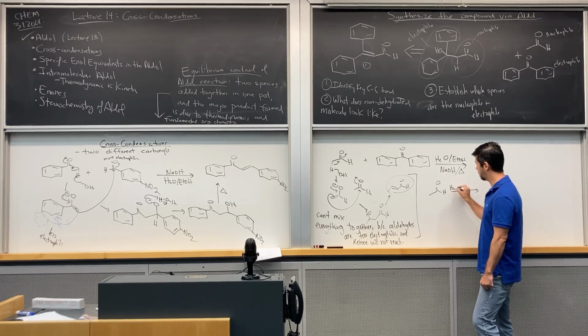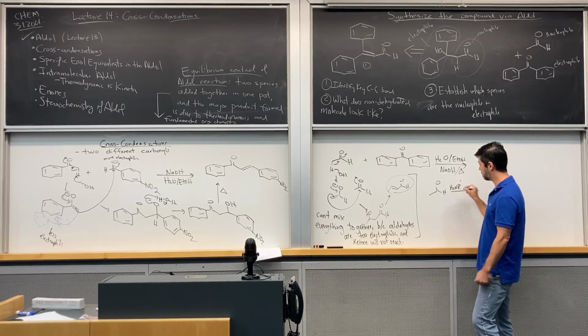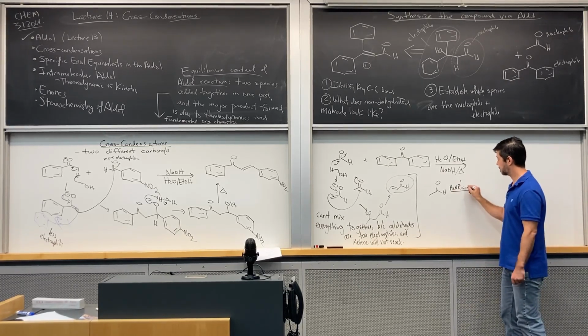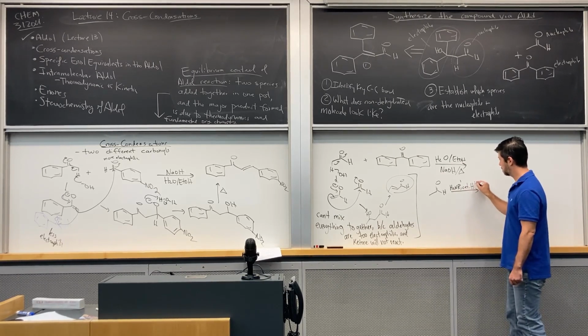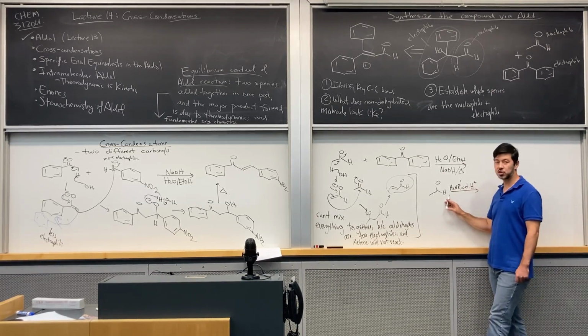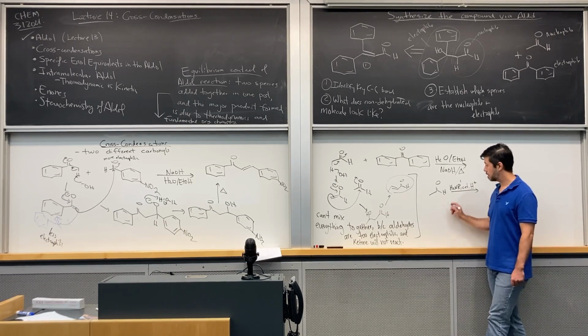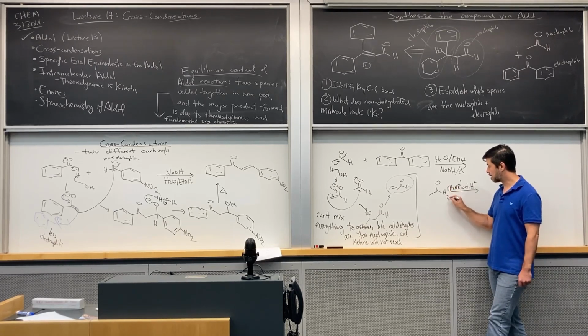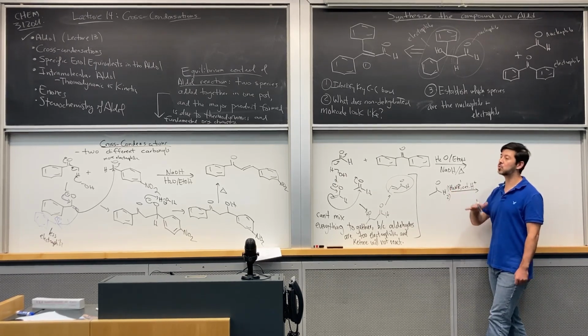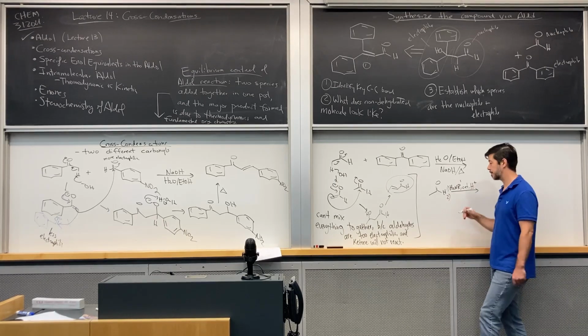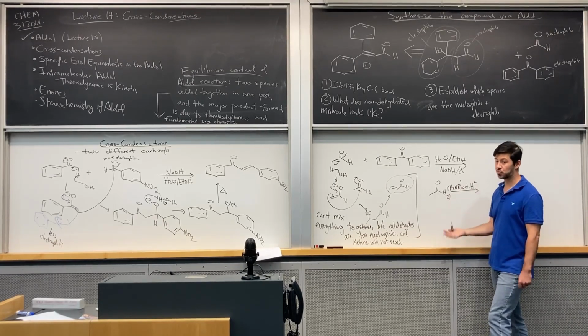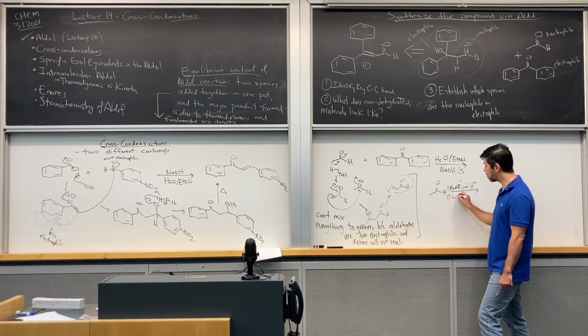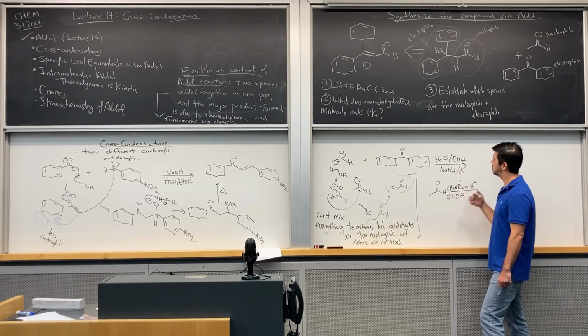So let's just call this H2NR prime. If you do that, you generate an imine, and then the second step, you need to convert that imine to an aza-enolate. In that case, you need to use a strong base, and a good strong base would be something like LDA.